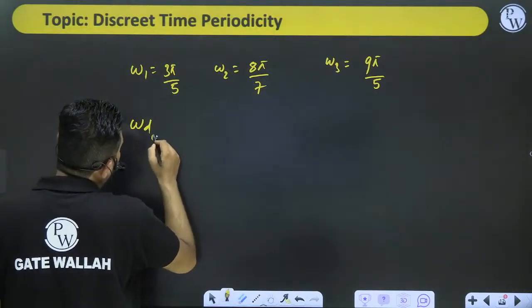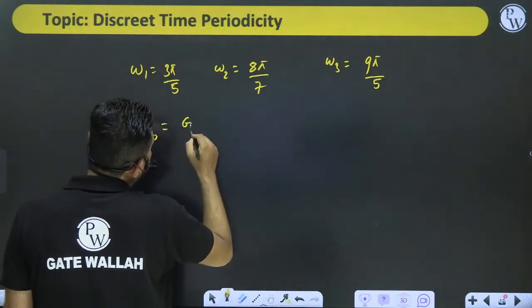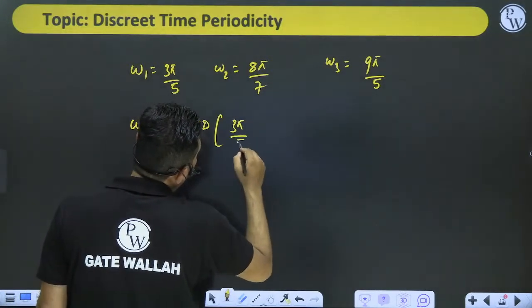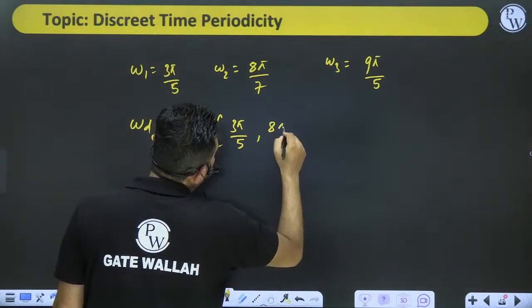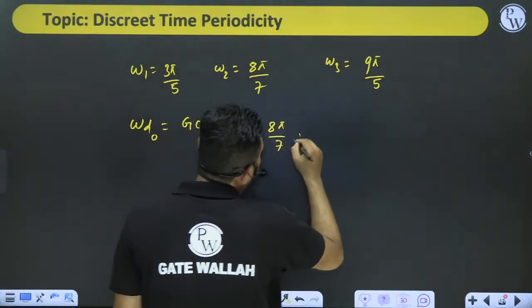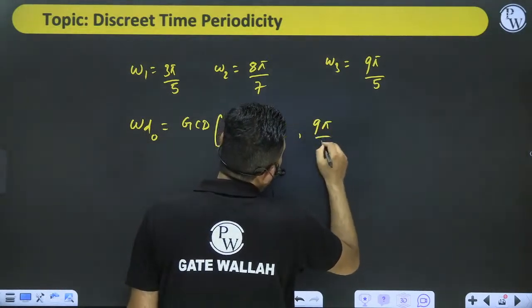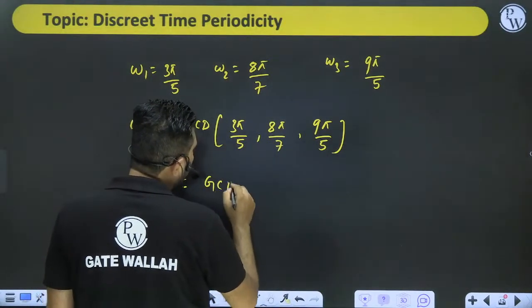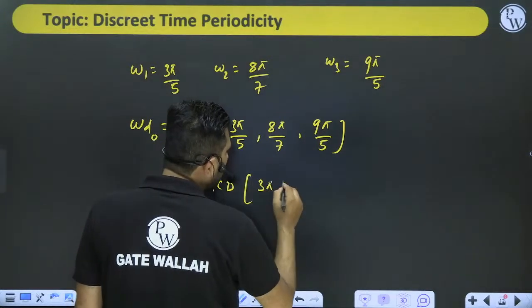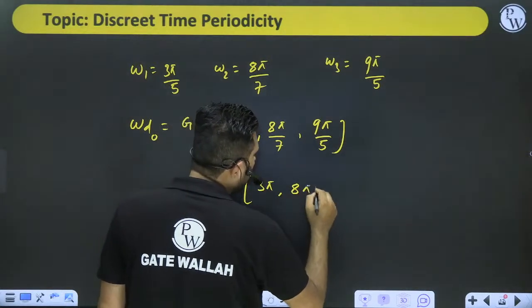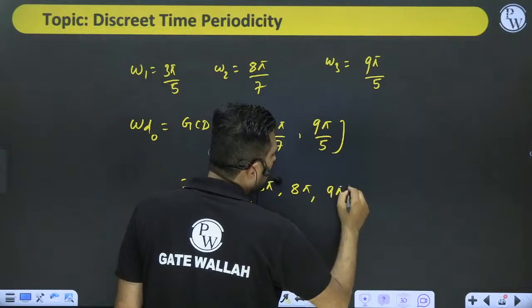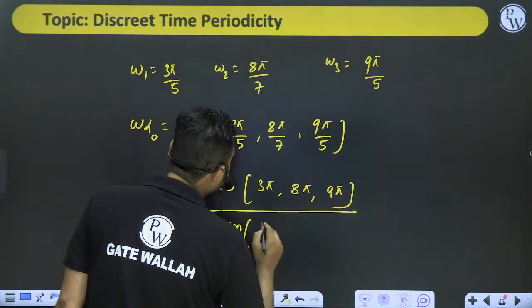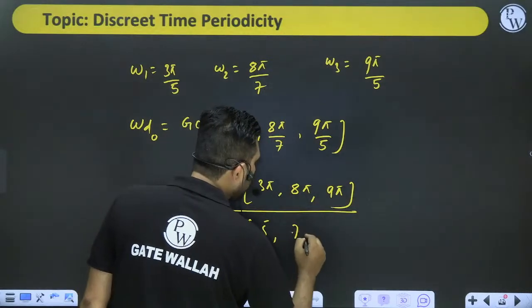How will you find omega 0? GCD of 3 pi by 5, 8 pi by 7, 9 pi by 5. So it is the GCD of 3 pi, 8 pi and 9 pi divided by the LCM of 5, 7, 5.